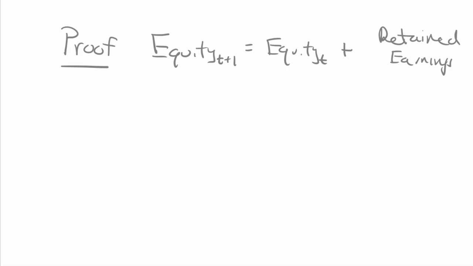Retained earnings, keep in mind, are just B times E_t. So let's multiply both sides by ROE.